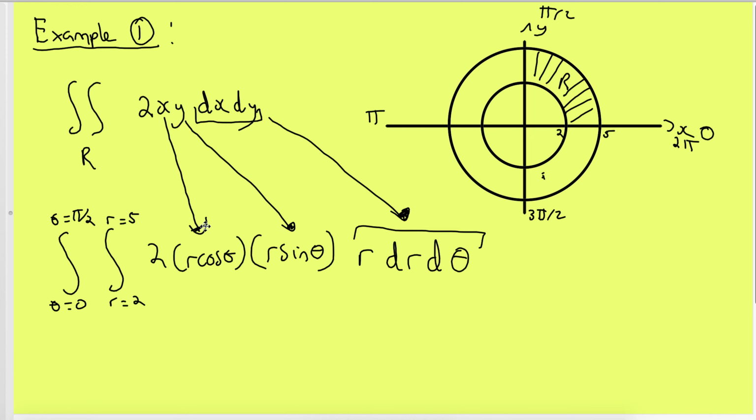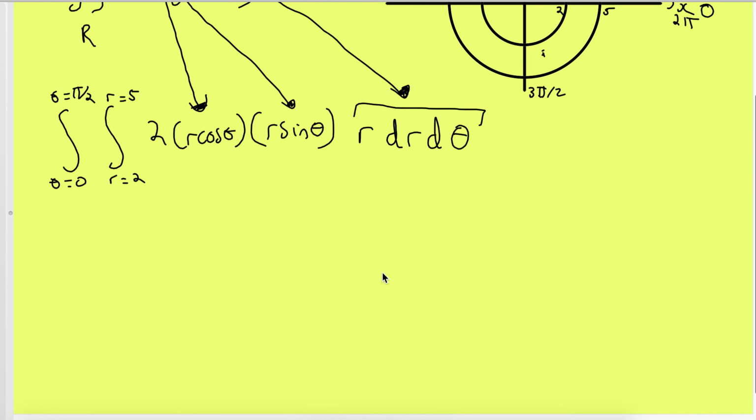So we always swap dx dy for r dr d theta, x for r cos theta, and y for r sin theta. So let's simplify this down. I know it looks difficult, but there's nothing really difficult about this. The difficult thing is going to come with a wee trig identity that I spoke about earlier. But apart from that, it's going to be quite easy.